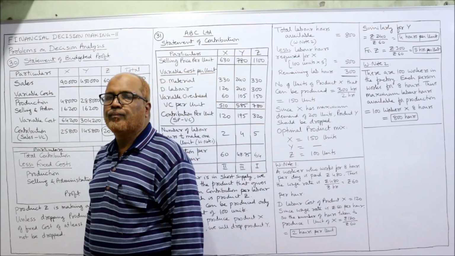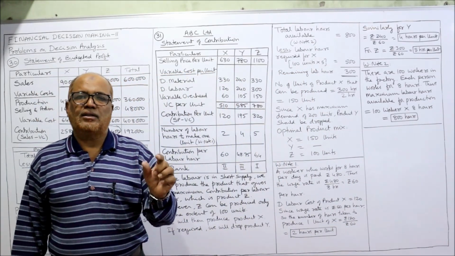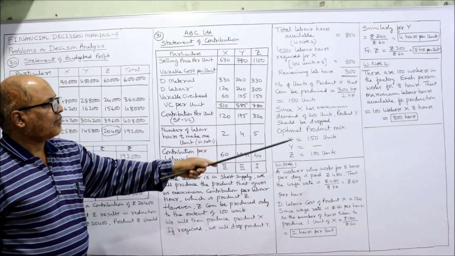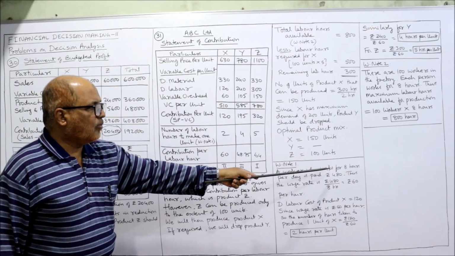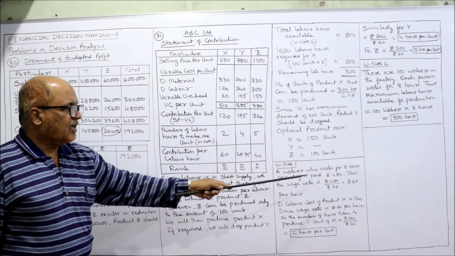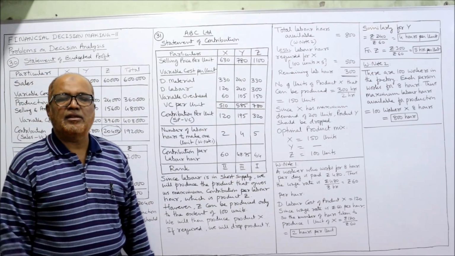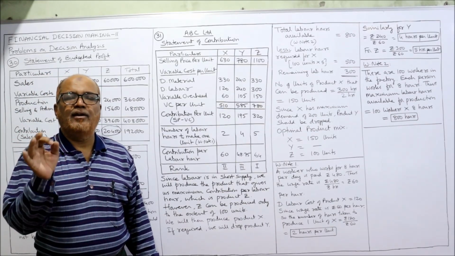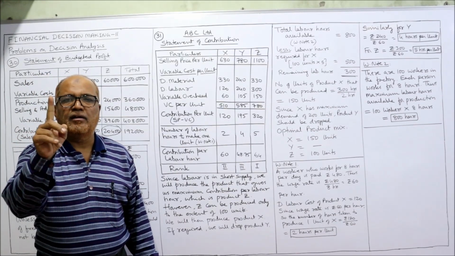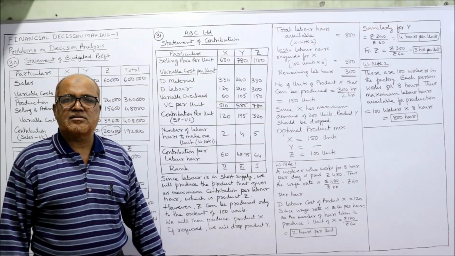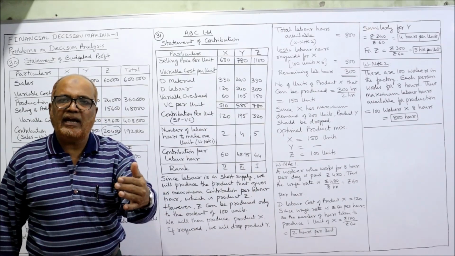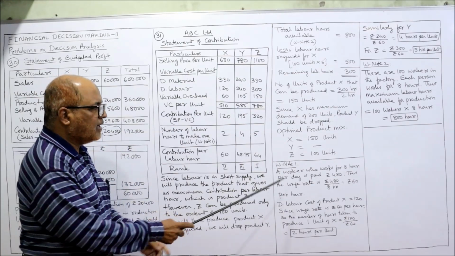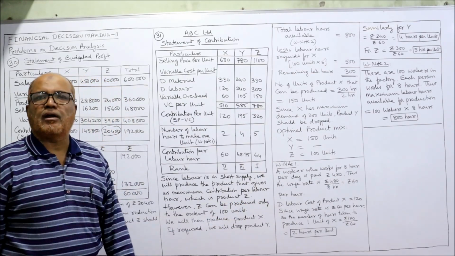I'll explain how we got the labor hours to produce 1 unit. Here you can see, a worker who works for 8 hours per day is paid 480 rupees. That is given in the problem. In the paragraph it is given, every worker is paid 480 rupees per day and a day consists of 8 hours. So after working for 8 hours, he is getting 480. So per hour how much? 480 divided by 8, 60 rupees per hour.